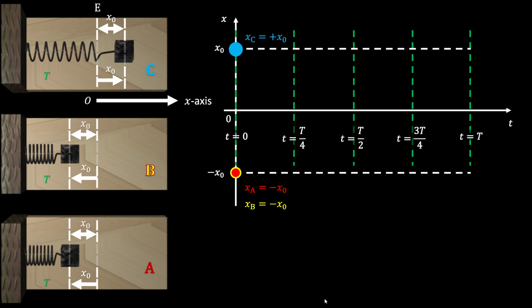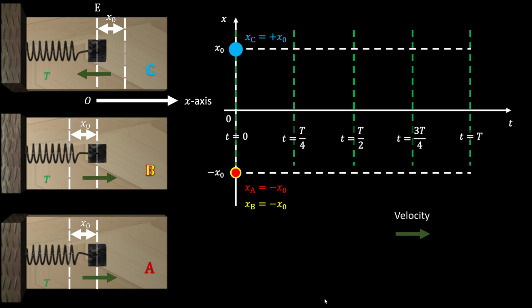At this instant, t equals 0, all three bodies are at instantaneous rest. At t equals capital T by 4, or quarter time period, xA is equal to 0, xB is equal to 0, and xC also is equal to 0.